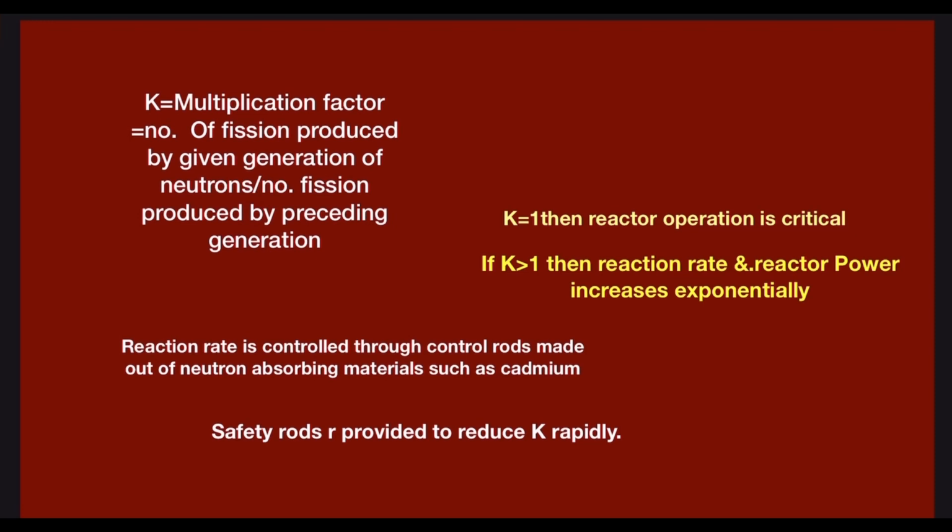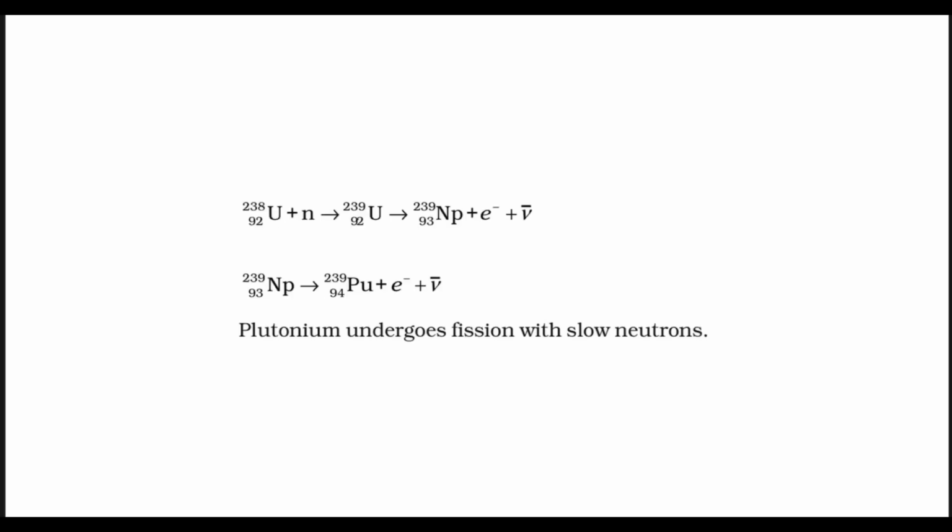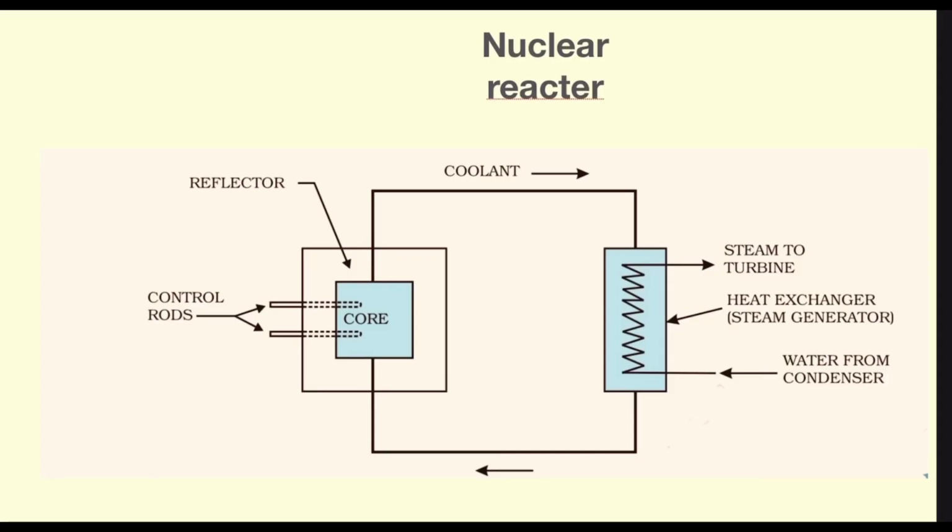Safety rods are provided to reduce K rapidly. When the more abundant uranium-238 captures a neutron, it produces highly radioactive plutonium. In a reactor, reflectors are also used to reduce leakage, and coolants are used to remove the heat energy released during fission.